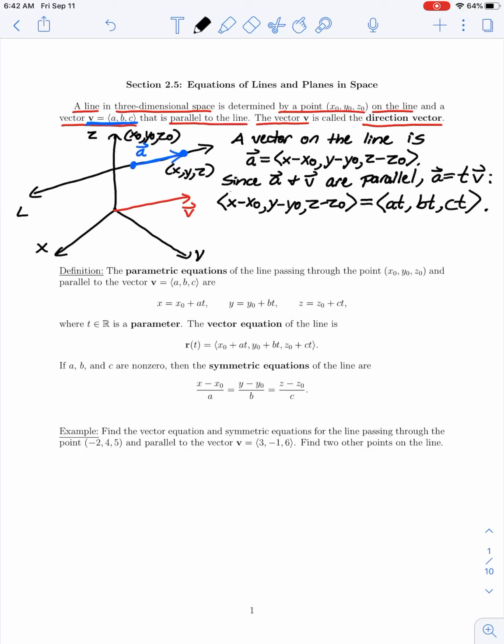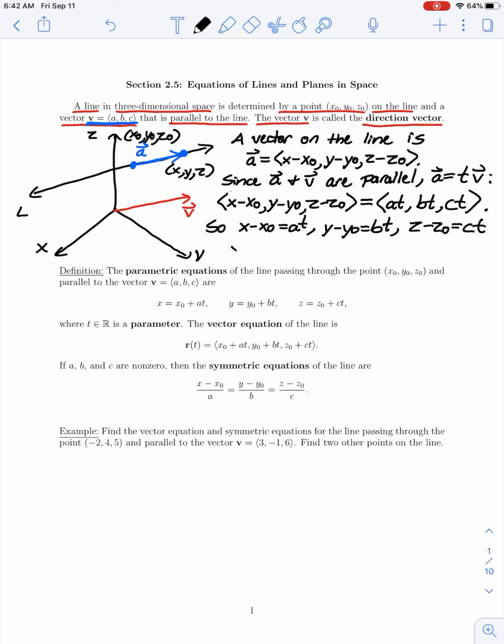In order for these two vectors to equal one another, their components must be the same. So equating components, we have x minus x naught is equal to at, y minus y naught is equal to bt, and z minus z naught is equal to ct.